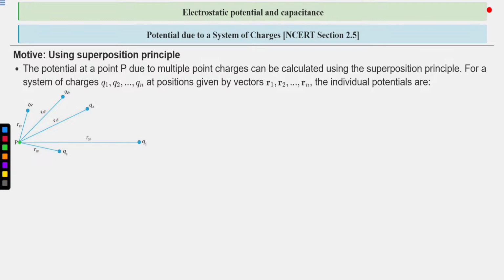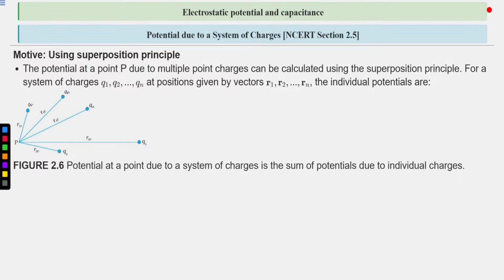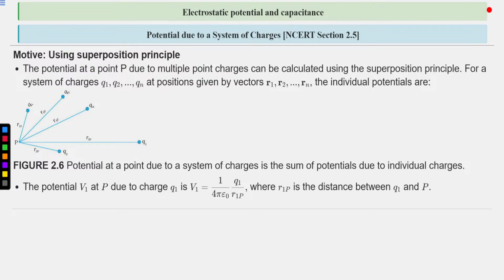So what is the net potential at this point P due to all these charges? It is the sum of the potentials due to these individual charges. The potential V1 at point P due to charge Q1 is 1 by 4 pi epsilon naught Q1 upon R1P.